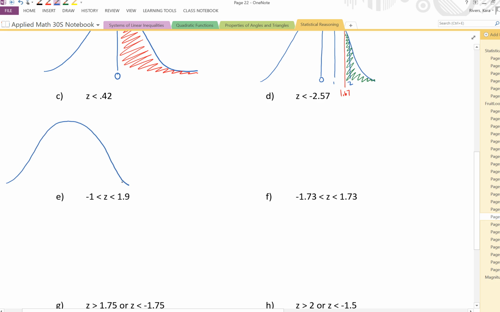I know this is 0, right? So 0.42 would be between 0 and 1, so a little bit higher. We're shading less than 0.42, so that would be everything over here.